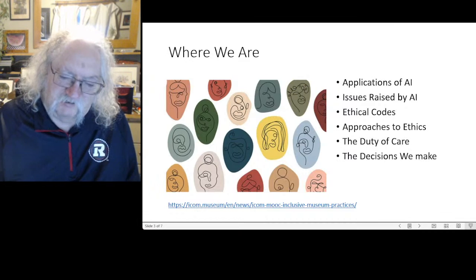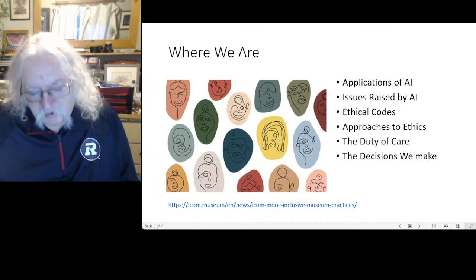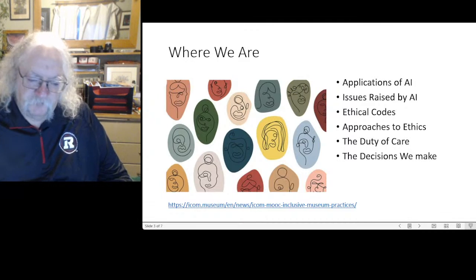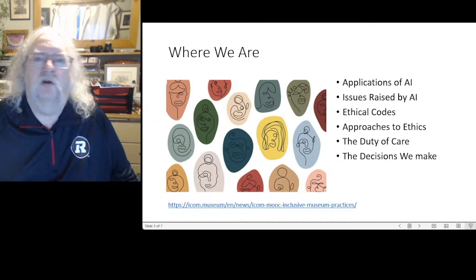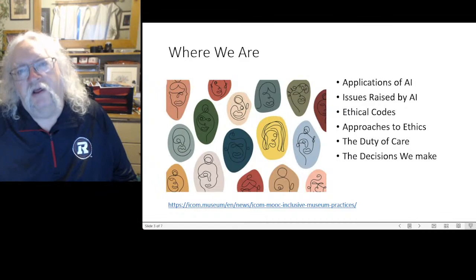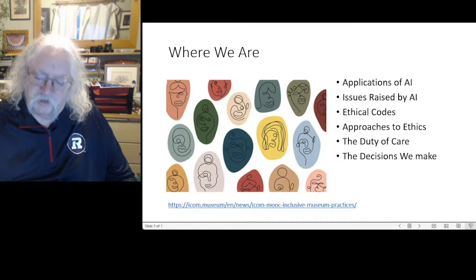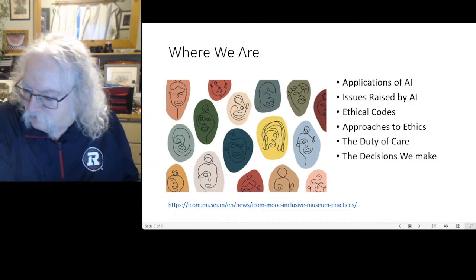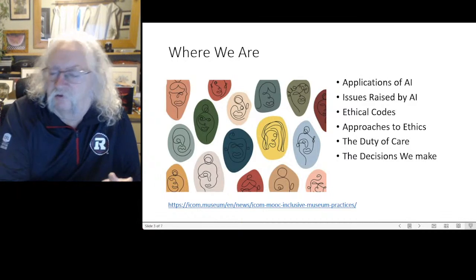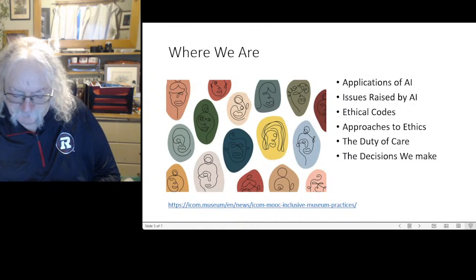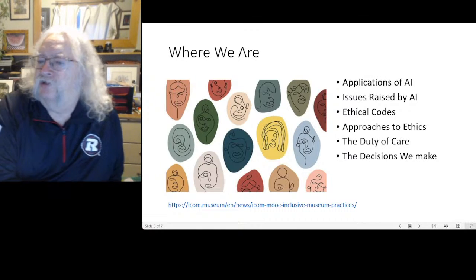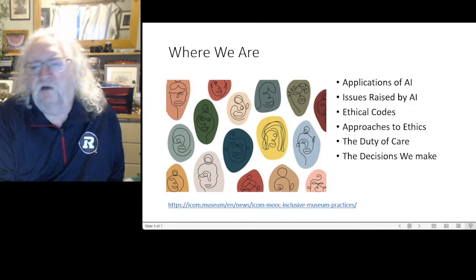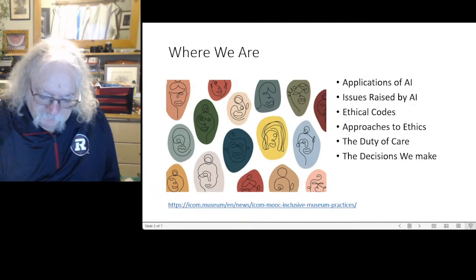And the idea here is that we can think our way, we think about situations, we think about hypotheticals, maybe we draw on our knowledge of the world, and we think our way through to some kind of ethical theory that maybe we can put into an ethical code, that maybe everybody will agree on, but maybe not, that will address all of the issues raised in the issues section so that we can enjoy the benefits of the application.